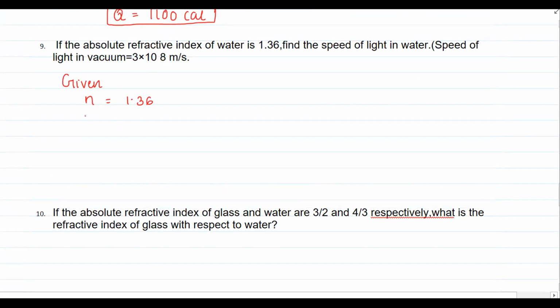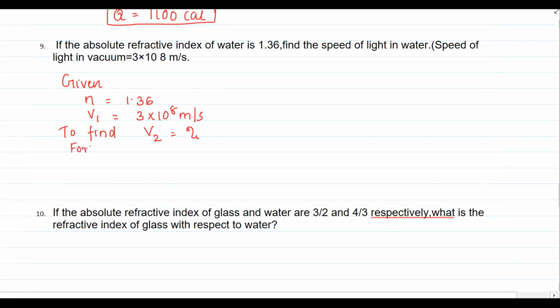Speed of light in vacuum is given, that is, let it be V1. V1 is equal to 3 into 10 raised to 8 meter per second. We have to find speed of light in water, that is V2 we want to calculate.